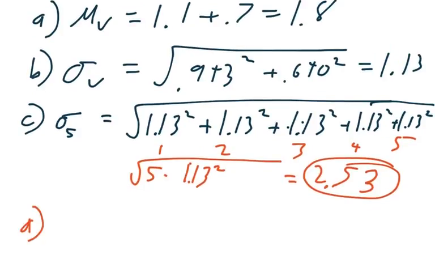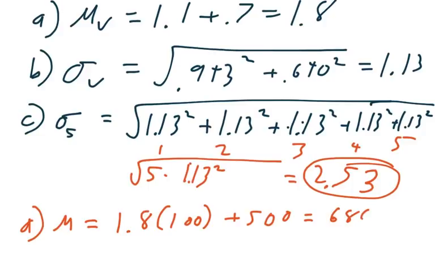Alright, so in letter D, it says, if Wyndham makes $500 plus $100 per vehicle, how much should Wyndham expect to make in a day? So I'm going to do the mean. Well, she's selling 1.8 vehicles per day, and she gets $100 per vehicle, plus $500 no matter what, which means 1.8 times 100 plus 500 means that she can expect to make $680 per day.